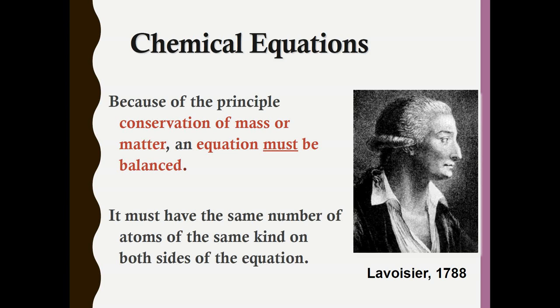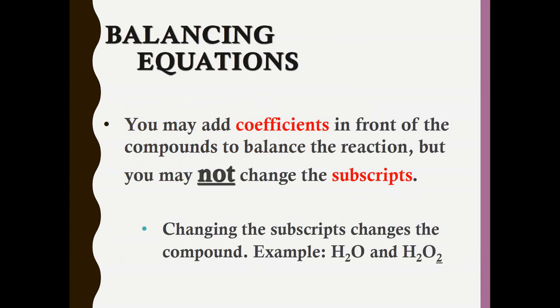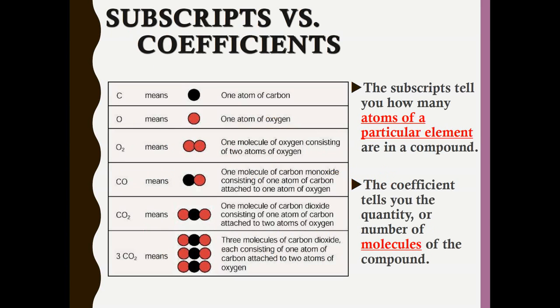So one or two molecules or substances are going to be added together to make a different substance, but nothing is going to be created nor destroyed. Because of this principle of conservation of mass or matter, the equation must always be balanced. So you cannot have more of one element or one substance on one side of the arrow and less of that exact substance on the other side of the arrow. It always has to balance.